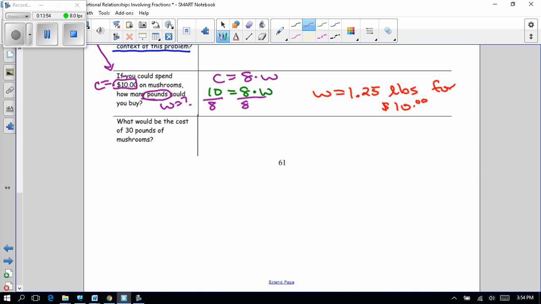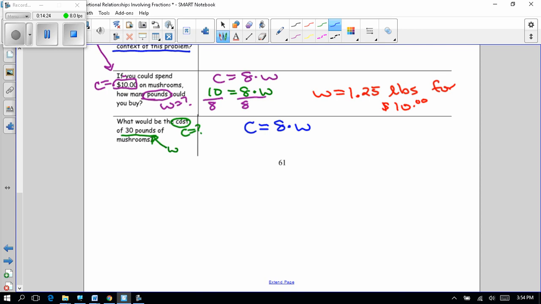All right, let's suppose you're not making this meal for just your family. You're making it for all the relatives, aunts, uncles, everybody's coming over. You need 30 pounds of mushrooms because I don't know why else you would have 30 pounds of mushrooms. So how much is the cost? I don't know the cost, but I do know the weight. So again, I'm going to use that formula. Cost is equal to 8 times the weight.